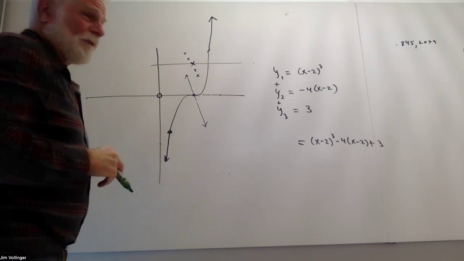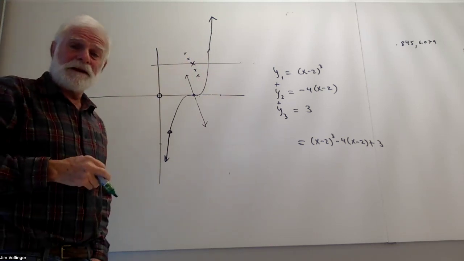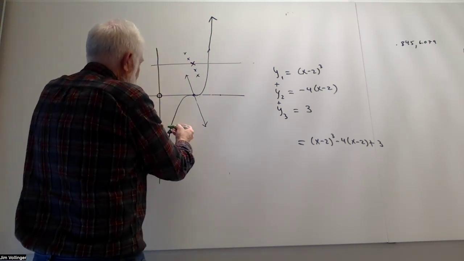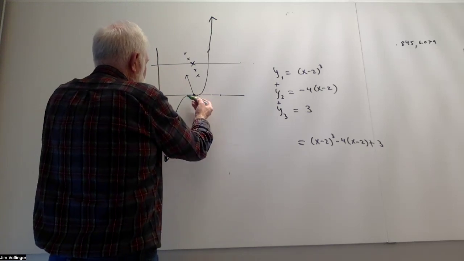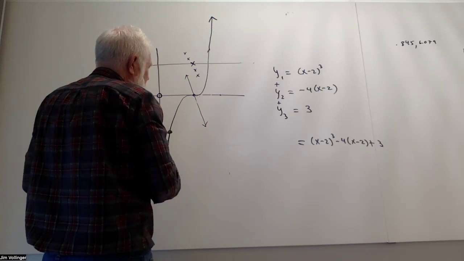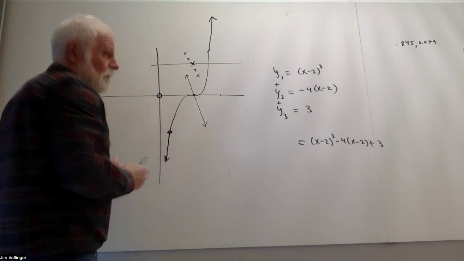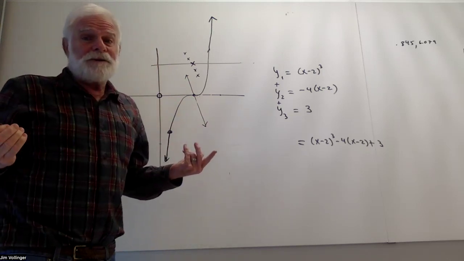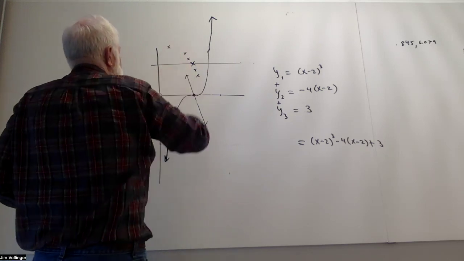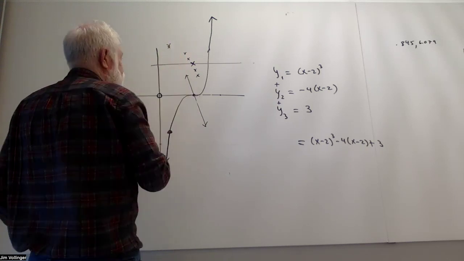Well, pause the video and think about it. I'll just keep talking. On the left side, at some point, the cubic is going up at the same rate that the linear function is coming down. And when that happens, numbers aren't changing. You're going to get a max somewhere up here.